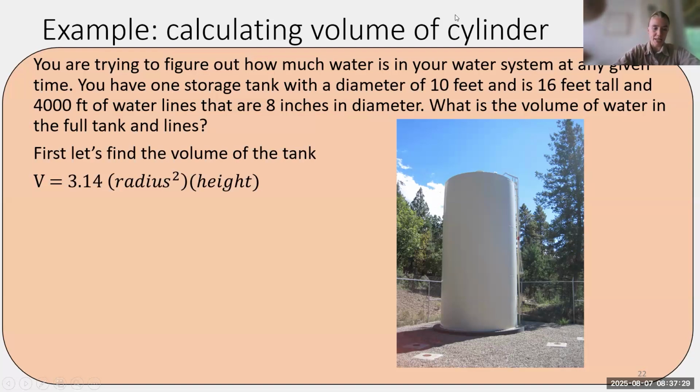So we're going to take this base equation of pi, or 3.14, times the radius squared times the height of our cylinder. So if we plug in what we know from our question, that storage tank has a diameter of 10 feet, right? And it's 16 feet tall.